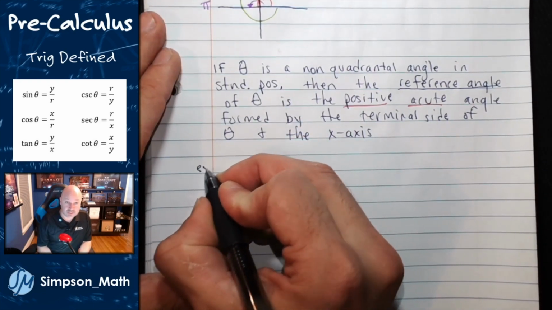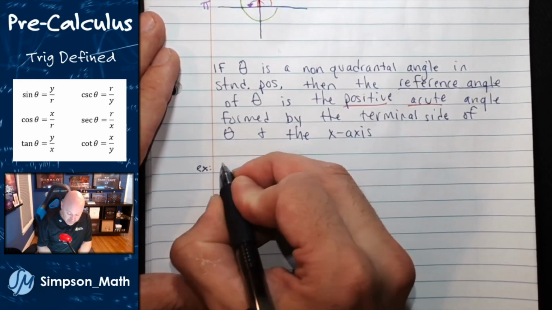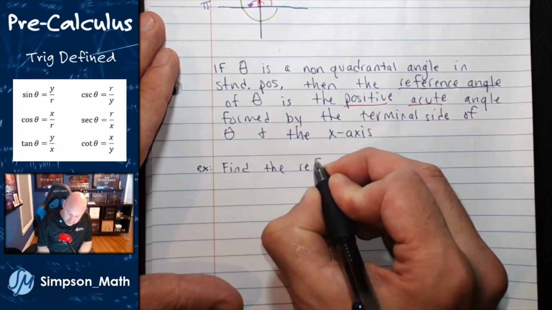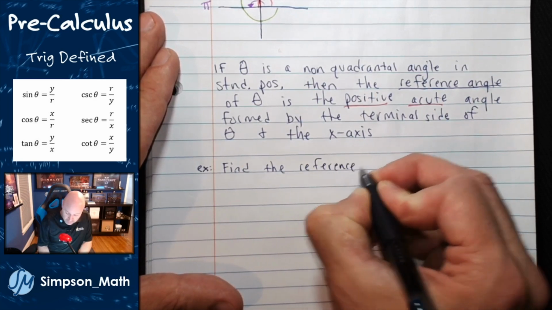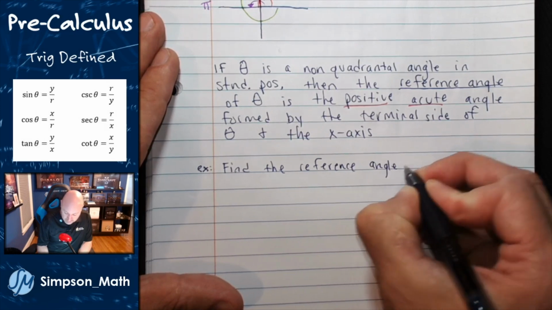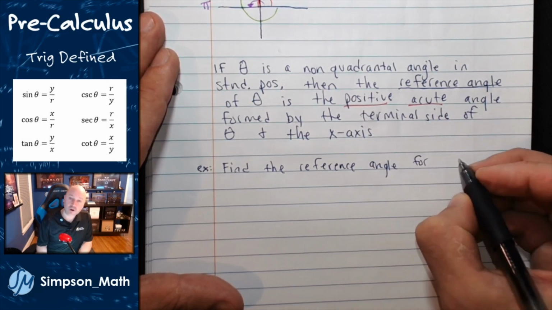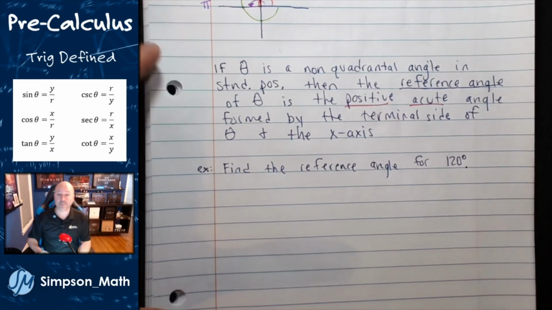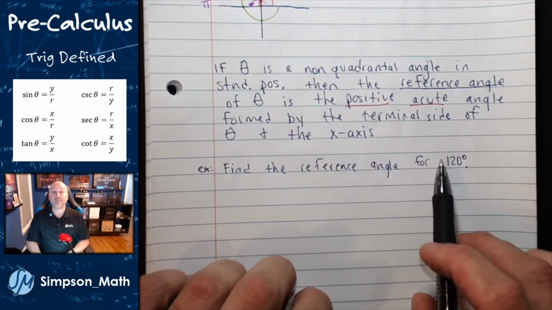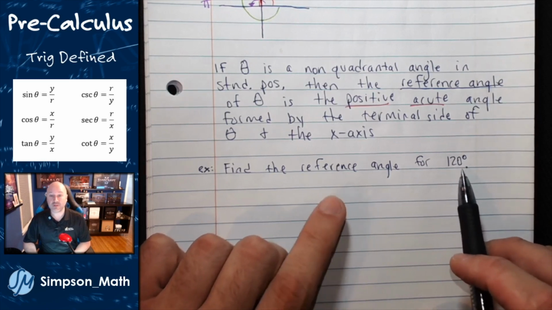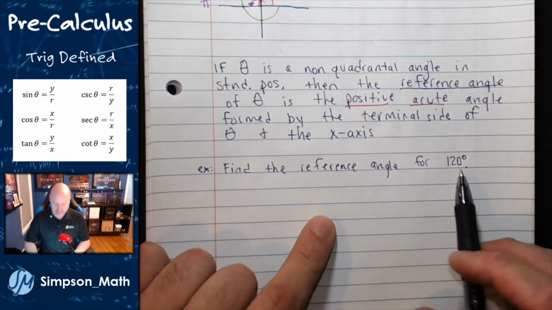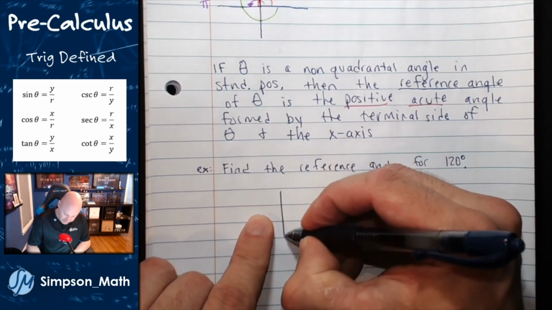So let's just do a quick little example of finding one. Let's find the reference angle for 120 degrees. All right, first things first, I'm going to get a visual of 120 degrees. I'm going to draw this in standard position. So I have my Cartesian plane.